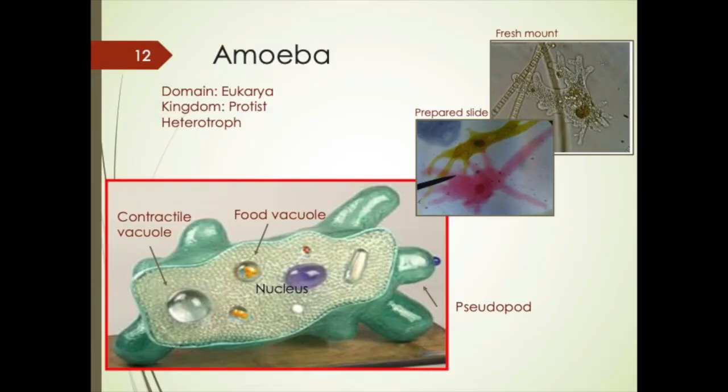And then we have amoeba. So amoebas are weird, kind of lanky organisms. And amoebas will use a process called phagocytosis. These are heterotrophs, and they will surround whatever food substance they need to and just overtake it, and then basically engulf it.